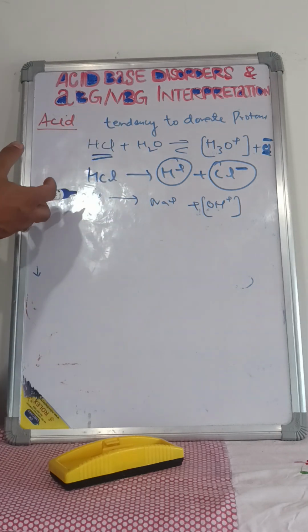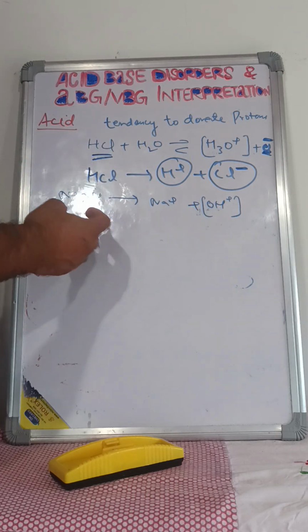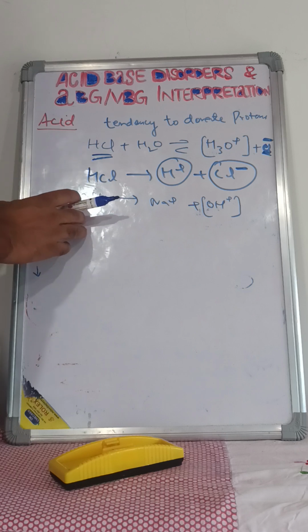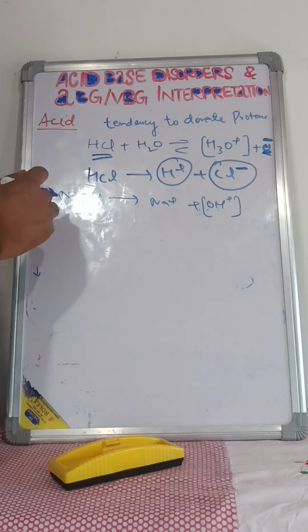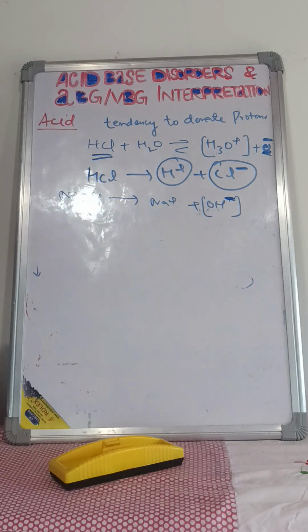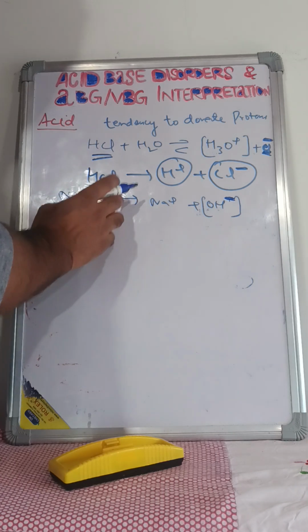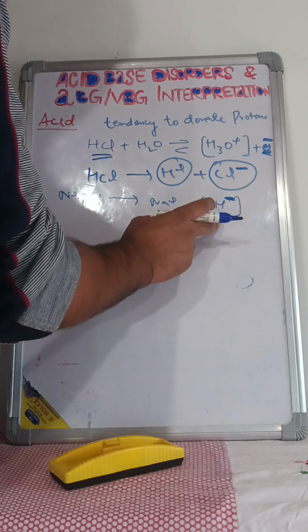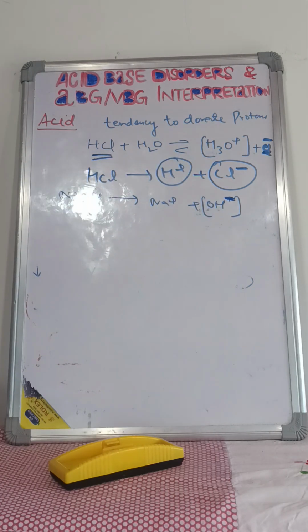And another definition, any chemical species which, when it dissociates in aqueous solution, donates hydroxyl ions, that is the base. So NaOH is a base because it donates OH negative ions.